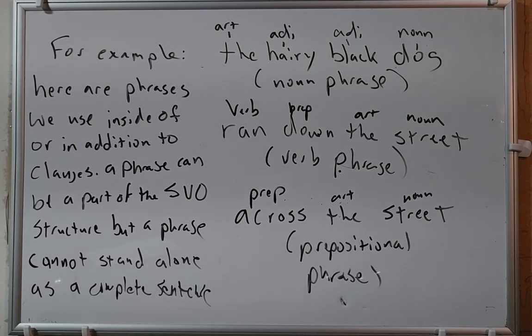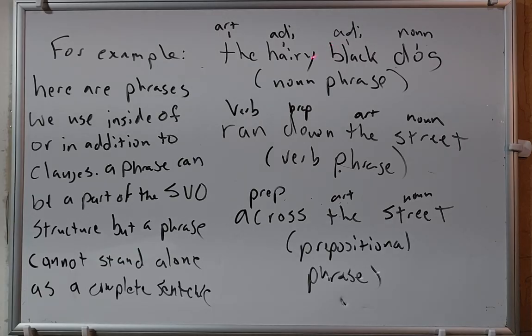Here are some examples. Here's a phrase, the hairy black dog. We have the, an article. We have two adjectives here. Adjectives are words that describe nouns. This is describing what kind of dog, what type of dog, a hairy black dog.